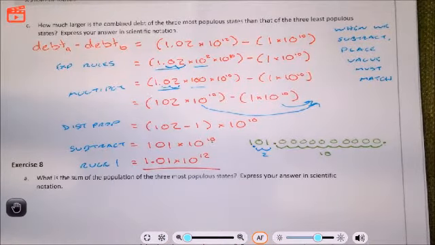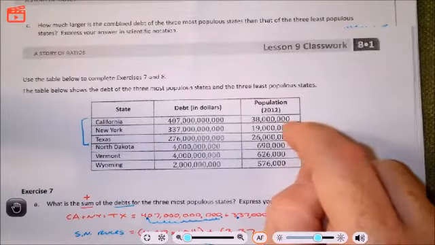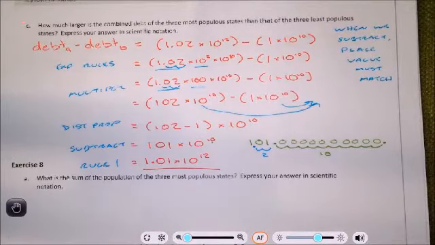Because exercise 8 is exactly the same as exercise 7, except instead of using the debts, they want us to do the populations. So take a minute, pause the video, and try to get as far as you can on exercise 8 before we come back together to check your work.